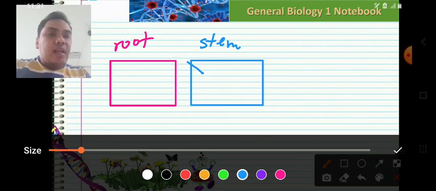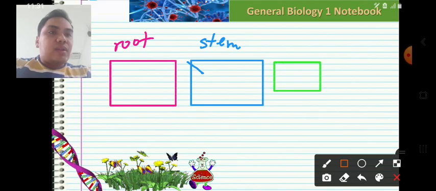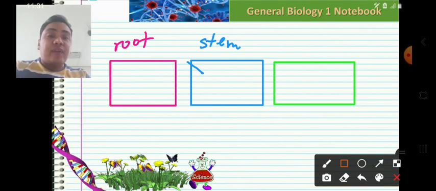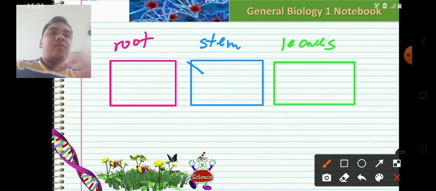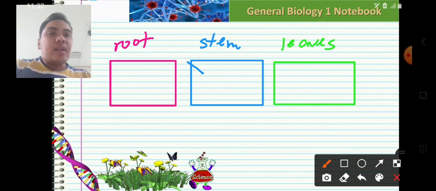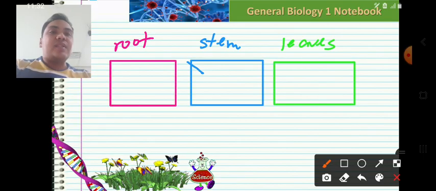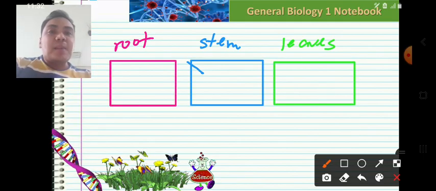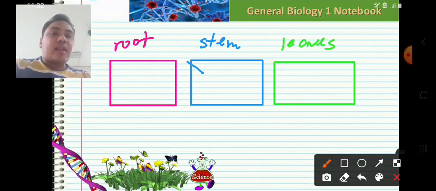And then finally, we have the cells that can be found among the leaves of a certain plant. So we have the cells for the leaves. So take note that these boxes will represent the cells of each part of a certain plant. We have the root cells, stem cells, and the cells from the leaves. Okay? So this will be a simple diagram to show the function of the plasmodesmata.